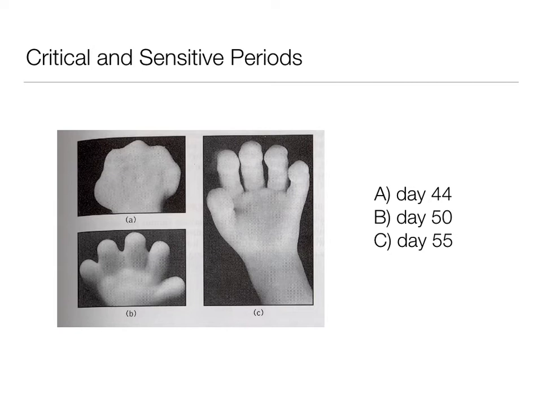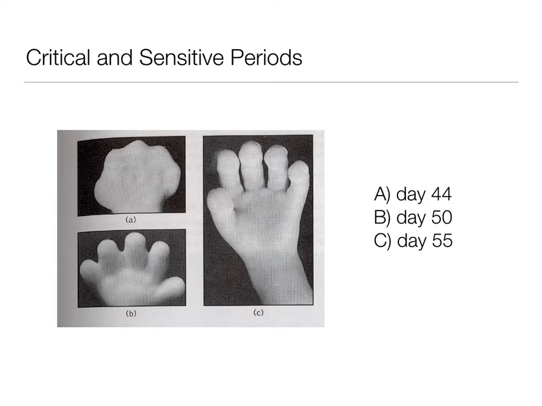You see those finger buds between day 44 in picture A and day 50 in picture B really start to develop. And then those extra 5 days for C really almost finish that structure.